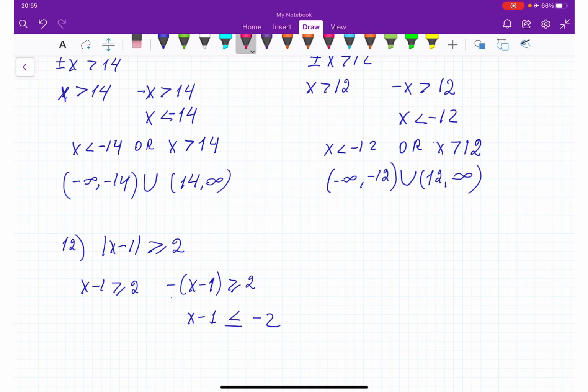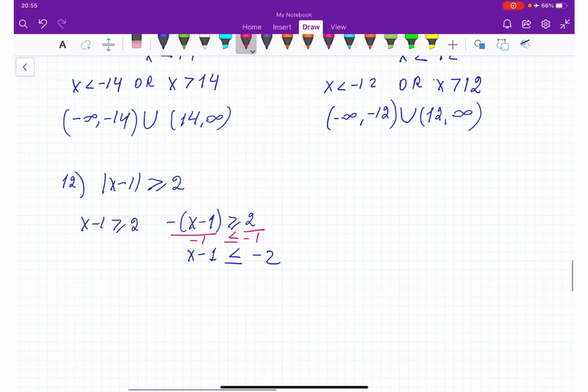We just divide by negative 1 and this flips the sign. So what do we have? x minus 1 less or equal negative 2, and x minus 1 greater than 2. Yeah, okay, two different ways. I cannot combine.